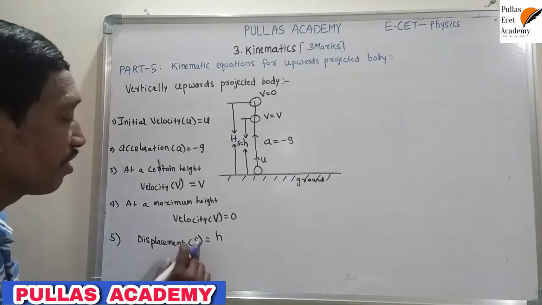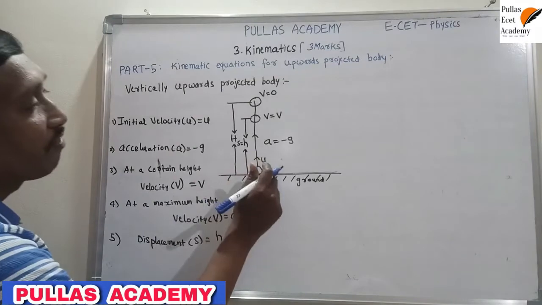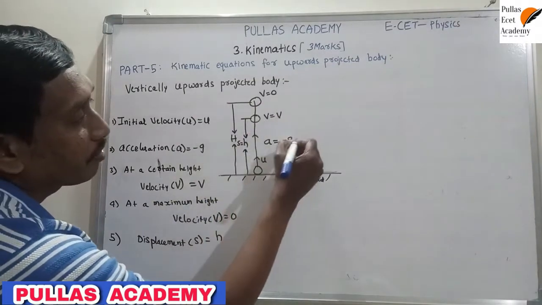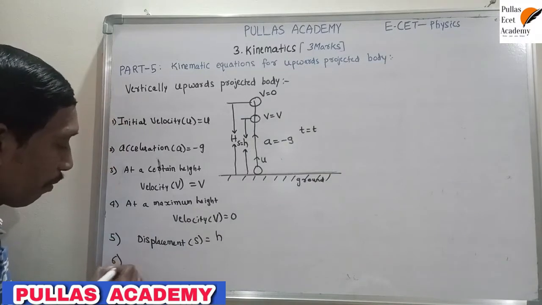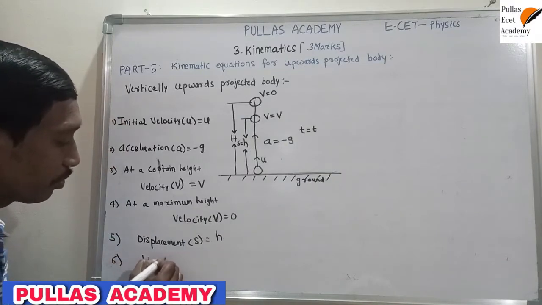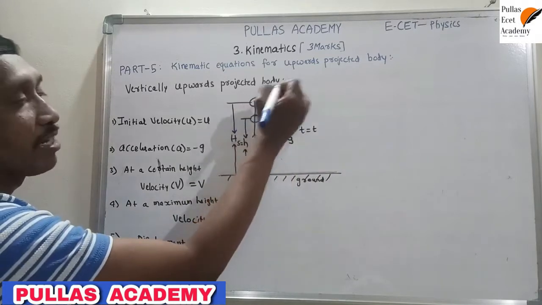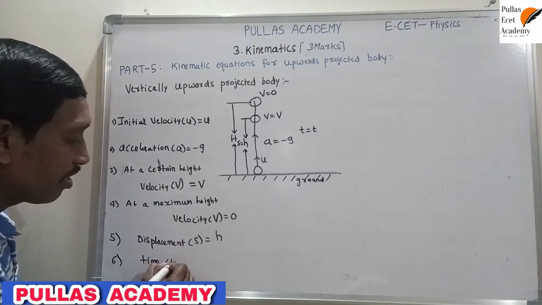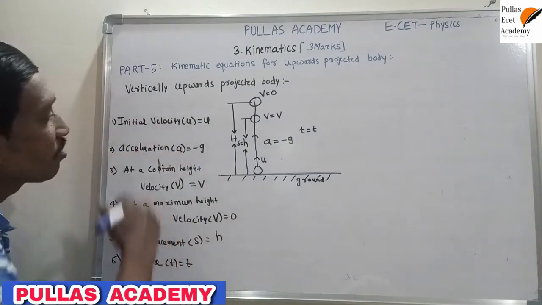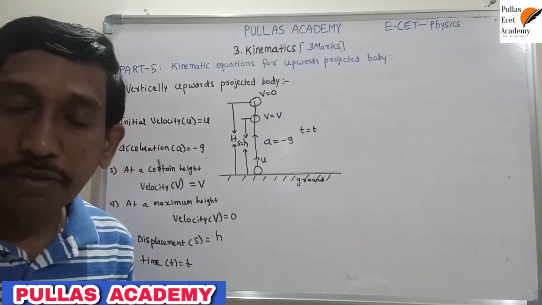Don't confuse, instead of displacement write h. And one more point, when it reaches any point, the time taken, if you consider t, that is t. So the time taken to reach a certain height, or to reach the maximum height, if you consider any time, that is t. So these all are the important parameters for an upwards projected body.